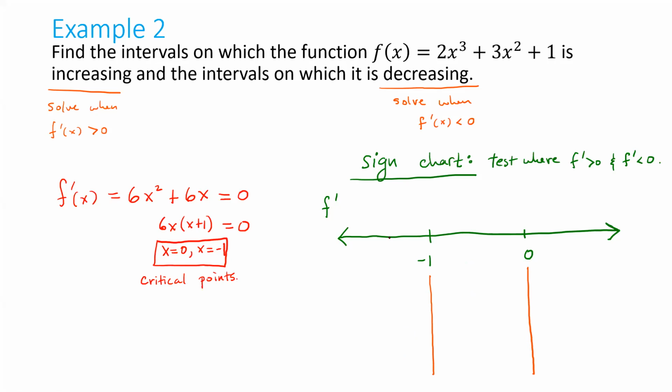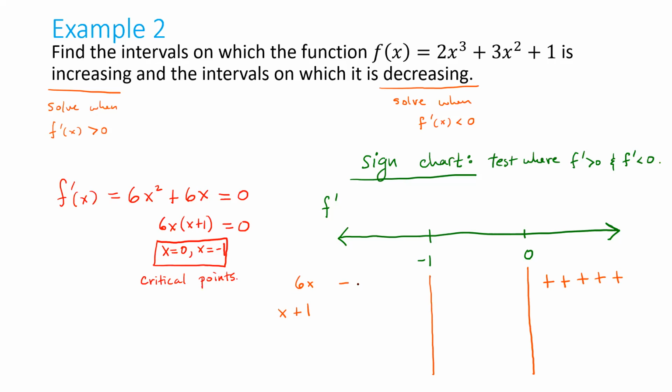So one way I could approach this is I could just look at these two factors in our f prime. So we've got 6x and I've got x plus 1. So 6x we know will be positive when x is greater than 0. So it'll be positive on this side over here. So any value of x that I put in that's positive will give me 6x is positive.